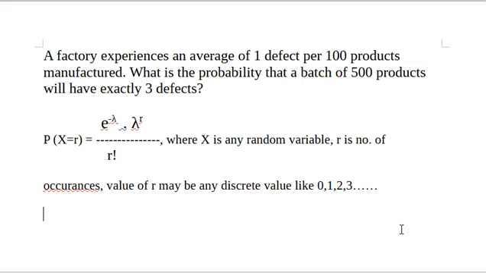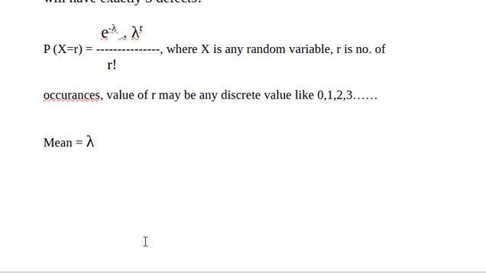Make a note that mean equals lambda. For 100 products, the defect is 1.